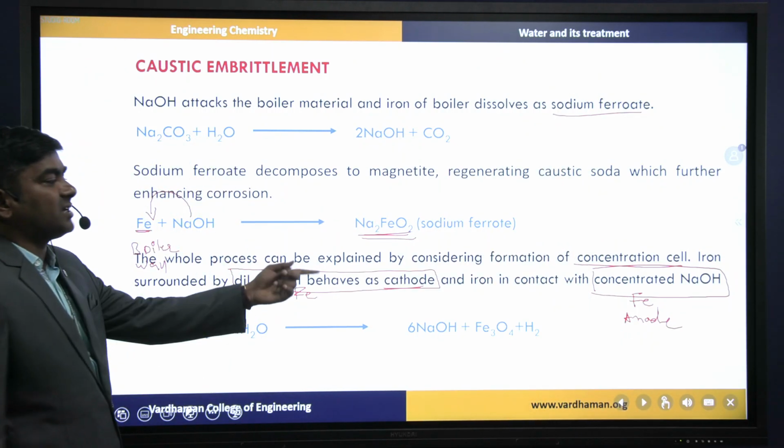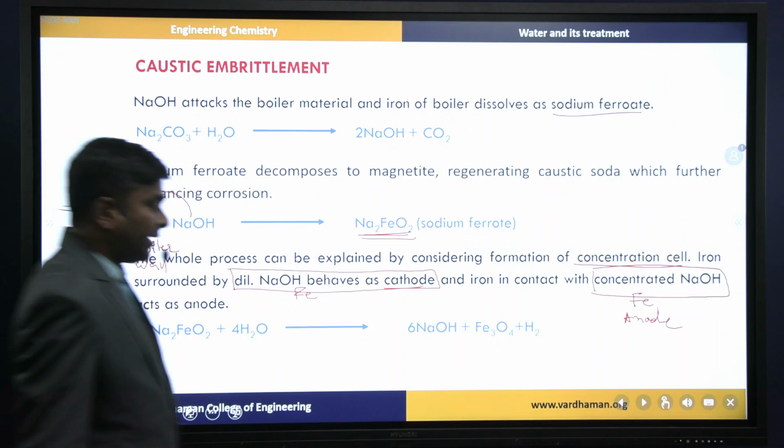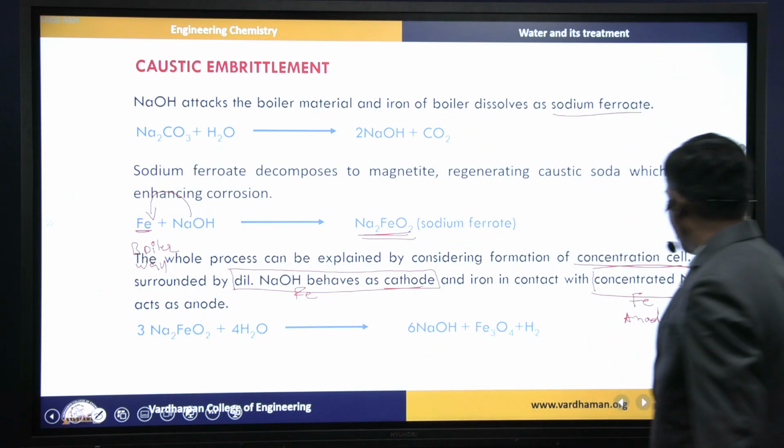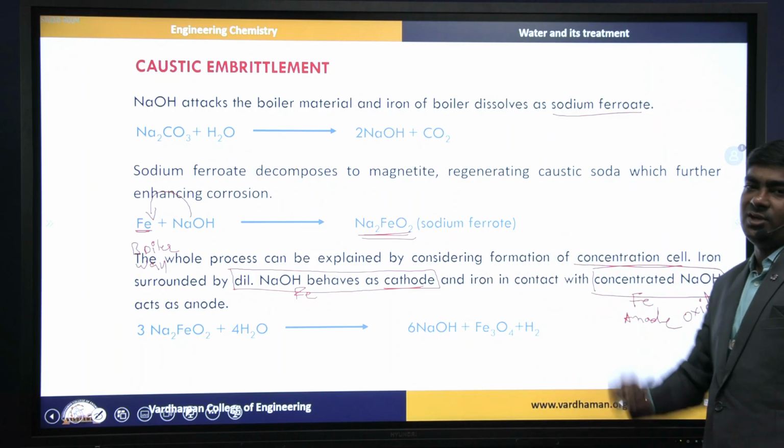So now two electrodes are developed, anode and cathode. As we know, at the anode, oxidation takes place, and at the cathode, reduction takes place.